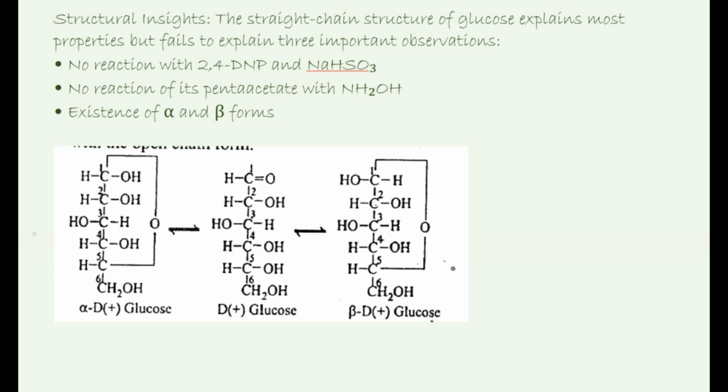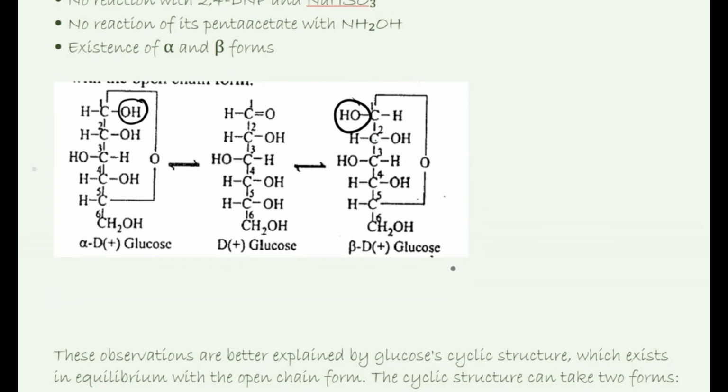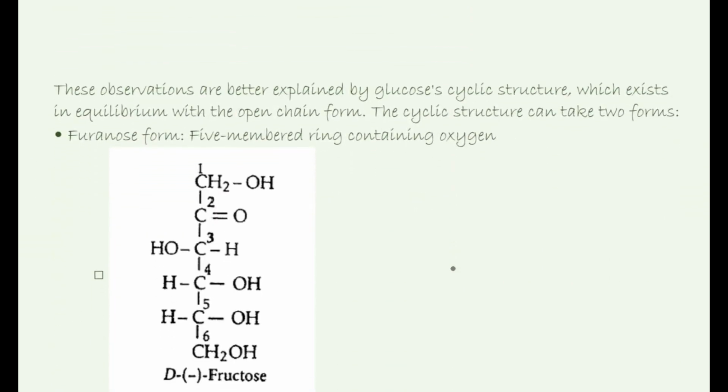You can clearly see the difference of alpha and beta form with OH groups. Okay, let's move on. And glucose is a 6-membered ring containing an oxygen atom in the pyranose form.